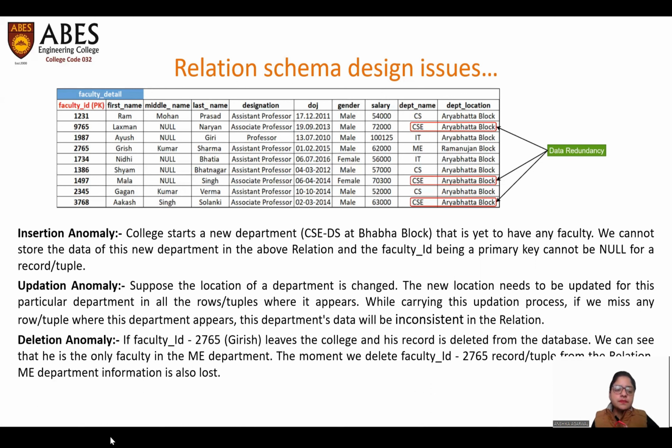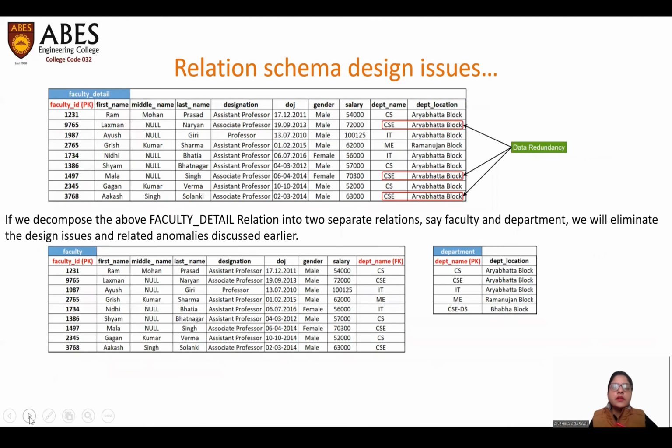Next is decomposition. Now suppose we decompose the above relation schema into 2 separate relations. Suppose this was our table. If we decompose this into these 2 tables, one is faculty and one is department.